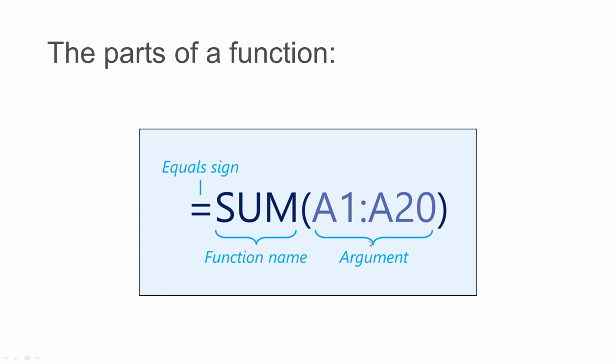The arguments contain the information you want to calculate. The function in this example is to add the values of the cell range from A1 until A20. When you use the colon symbol, you read it as until.